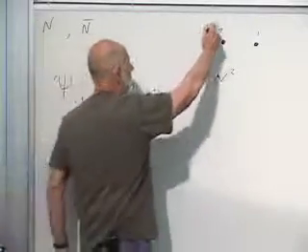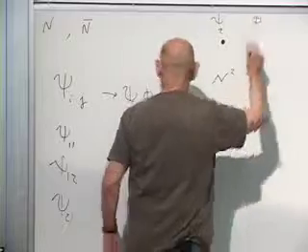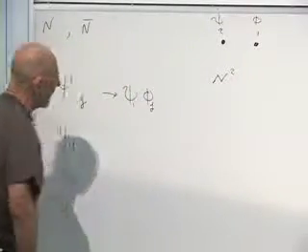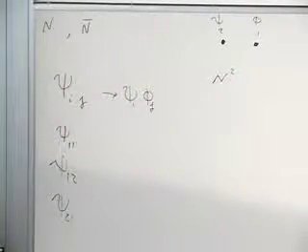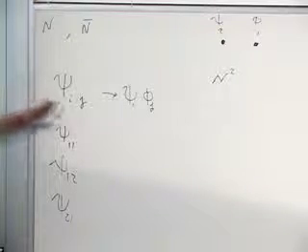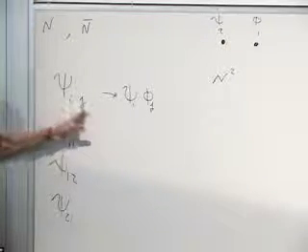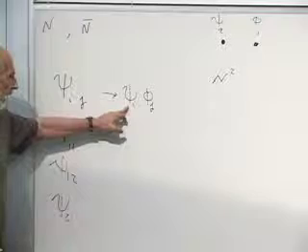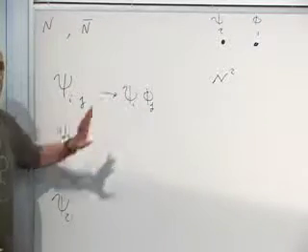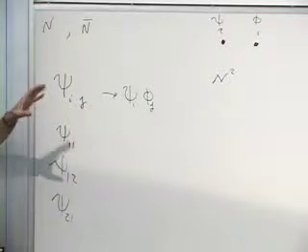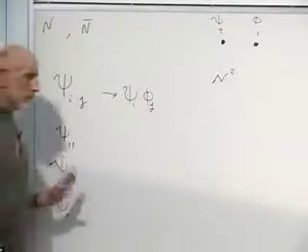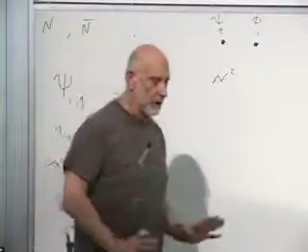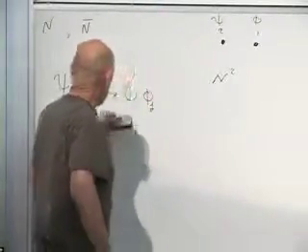This particle is described by psi, this one by phi. It's got n squared entries. And how does the group act on this collection of things? By acting on psi and phi separately, rotating psi and rotating phi. All right, so that defines an n squared dimensional representation of the group.